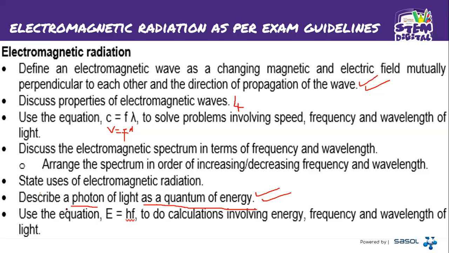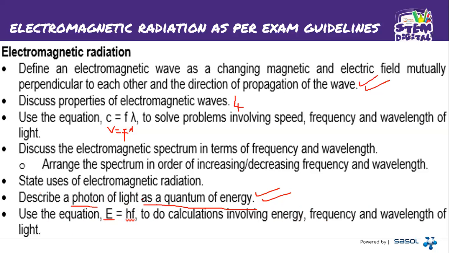And then we must again use the equation E is equal to HF to do calculations that involve energy, frequency, and the wavelength altogether. They must then be able to calculate the energy of a given photon of electromagnetic waves, or simply the energy of an electromagnetic wave.